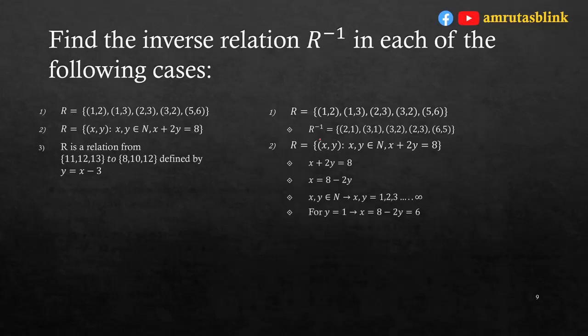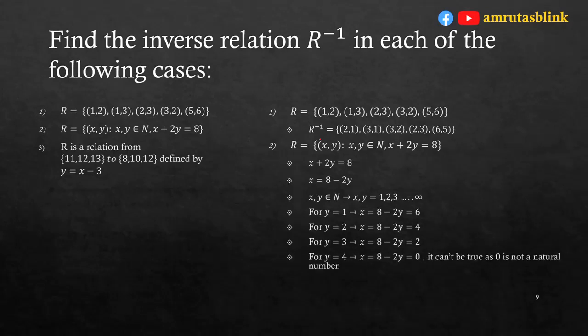If y = 1, then x = 8 - 2 into 1, that is 6. For y = 2, x = 8 - 2 into 2, that is 8 - 4, which is 4. If y = 3, then x = 8 - 6 = 2.